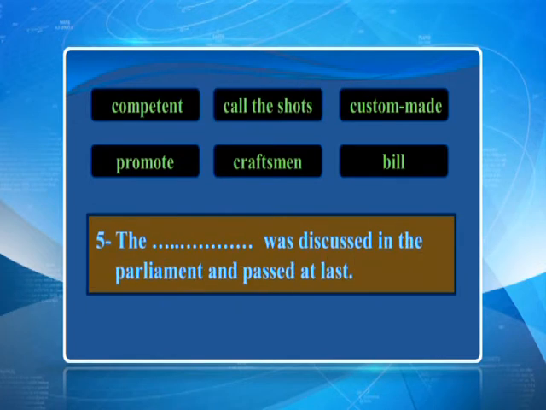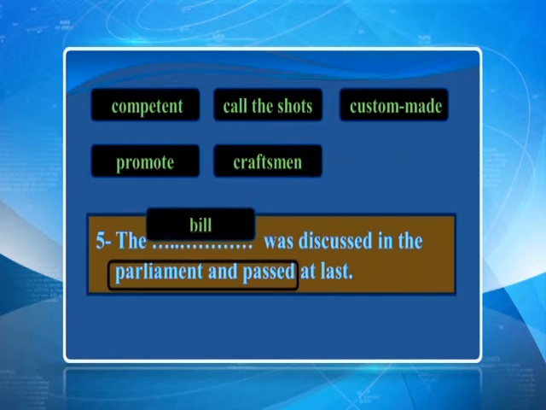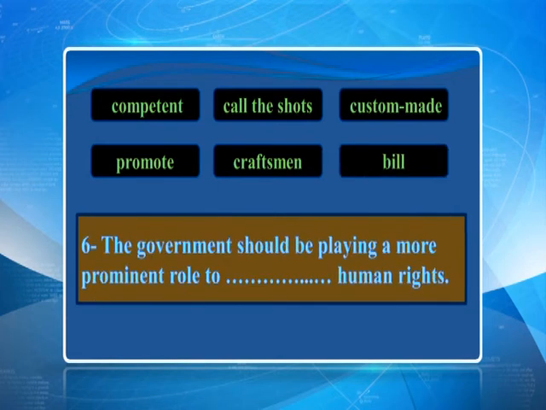The... was discussed in the parliament and passed at last. Now let's see the clue here: parliament and passed. What is it that is discussed in parliament? We have bill. All right. The last one here. The government should be playing a more prominent role to... human rights.